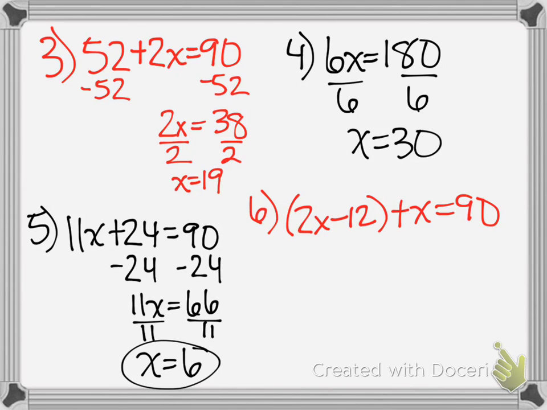Somebody new have ideas about how to do this one? Combine like terms. So we can combine the 2x plus x to give us 3x. And then what?